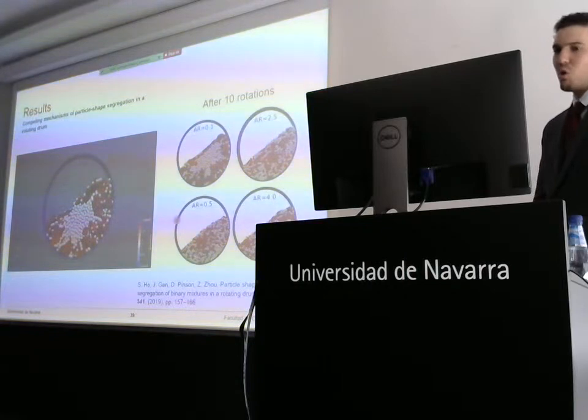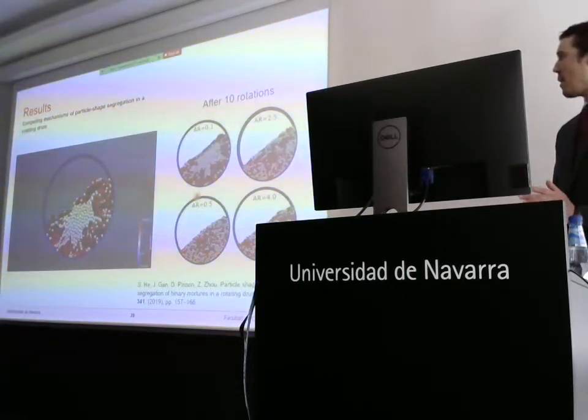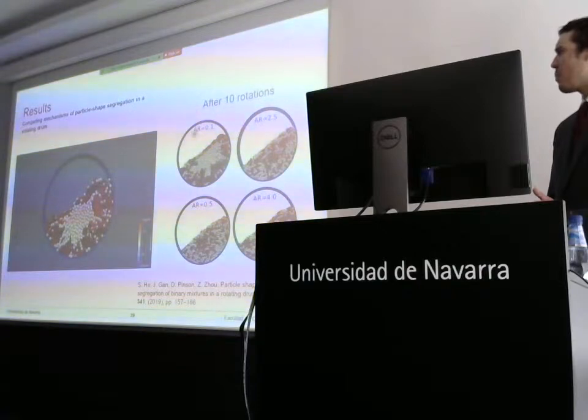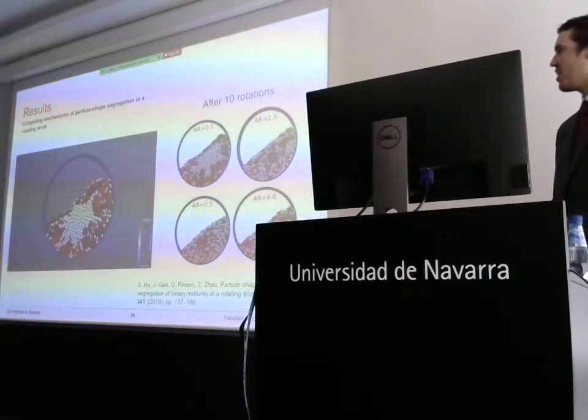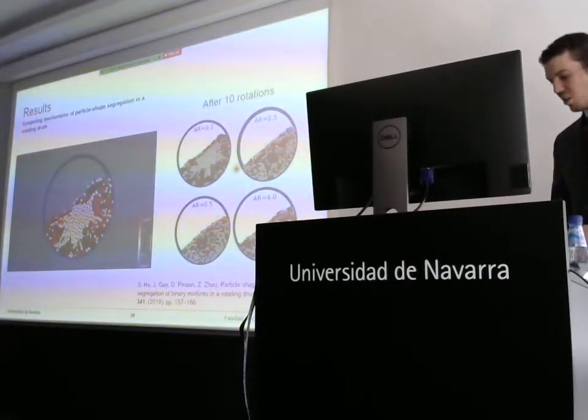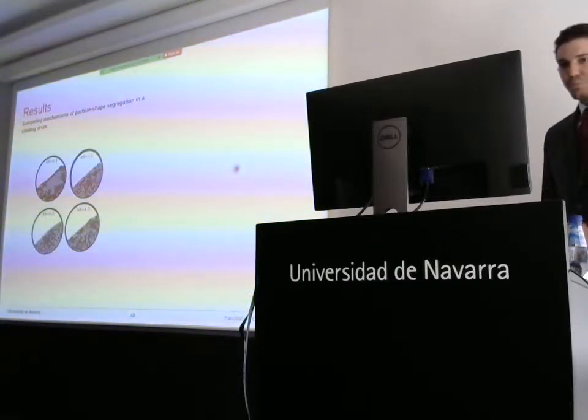In this work, we would like to do a systematic study of the segregation pattern, varying the aspect ratio systematically. Another thing is to offer you a well-grounded theory that explains what is causing this flip in the segregation, which in my opinion is the most interesting thing of this system.